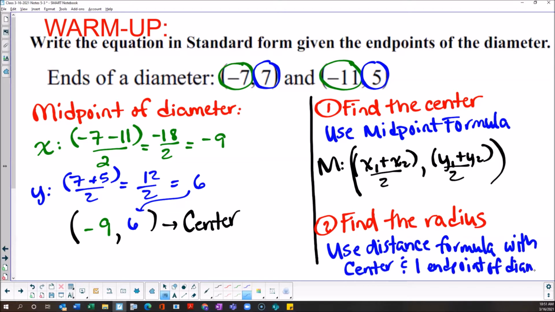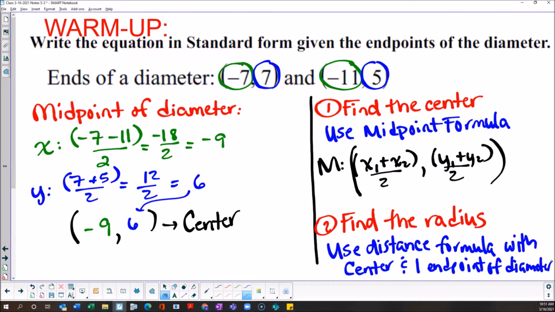I'm going to find the distance between the center and either endpoint of the diameter. It doesn't matter which, because the radius is going to be the same all the way around.